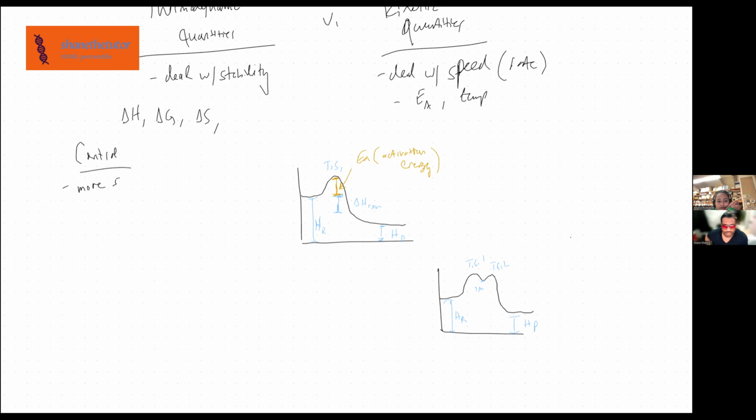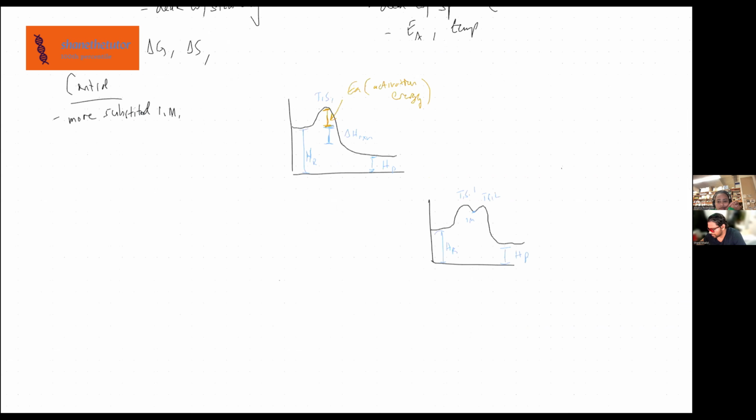But the things that you can see that would affect a thermodynamic control would be a more substituted intermediate. For instance, if you had these different carbocations, the more substituted ones are more stable.